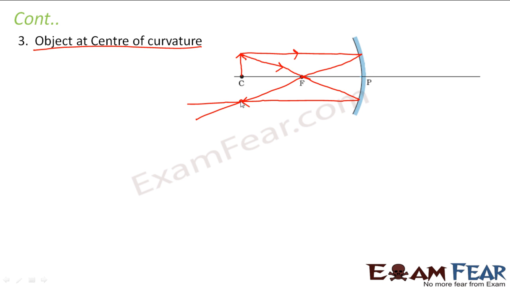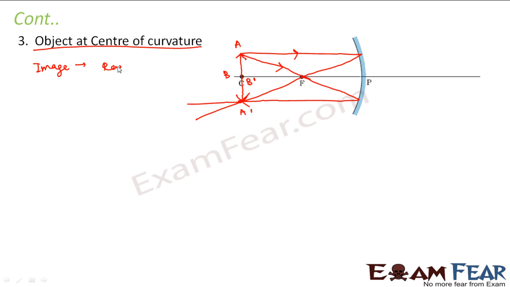So what do you see? The two rays meet at this point. So that means the image is formed at the center of curvature itself. So this was my object AB and the image is formed as B dash A dash. And also if you see, the size of the image is the same as the size of the object. So what all can we say about the image in this case?